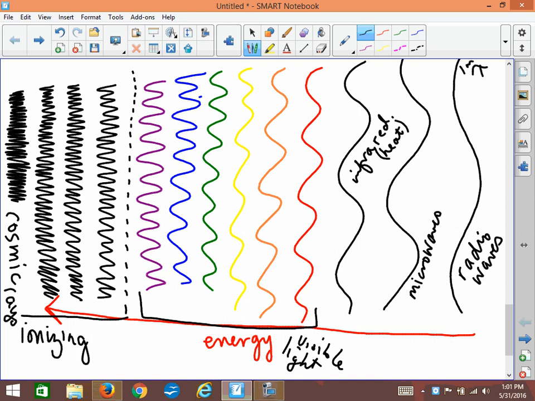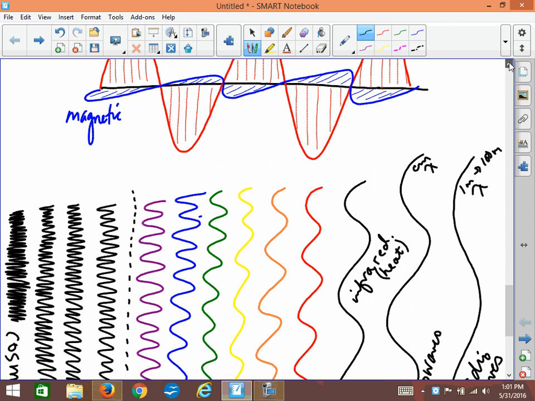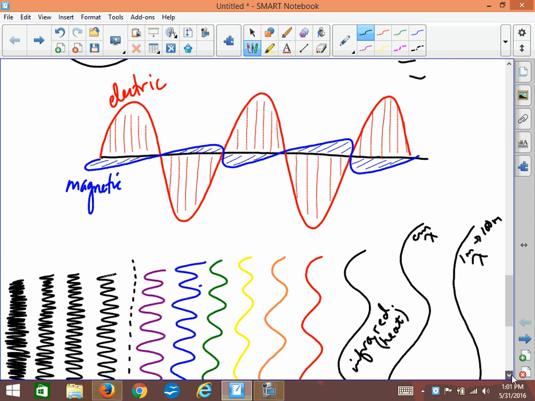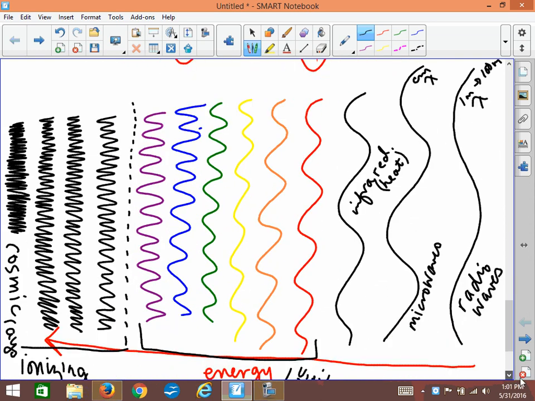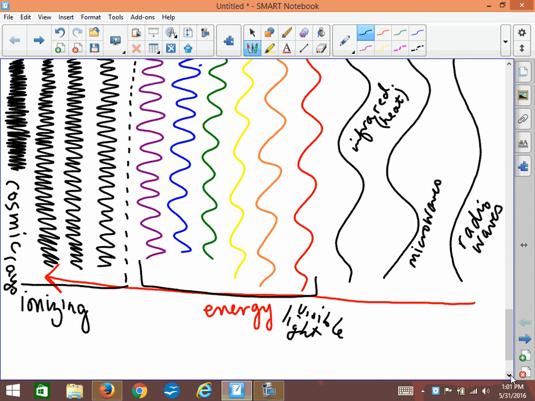Now here's the interesting thing. All of these are waves that look like this. The only difference is some have the bumps closer together than others. Some have shorter wavelengths and higher frequencies.